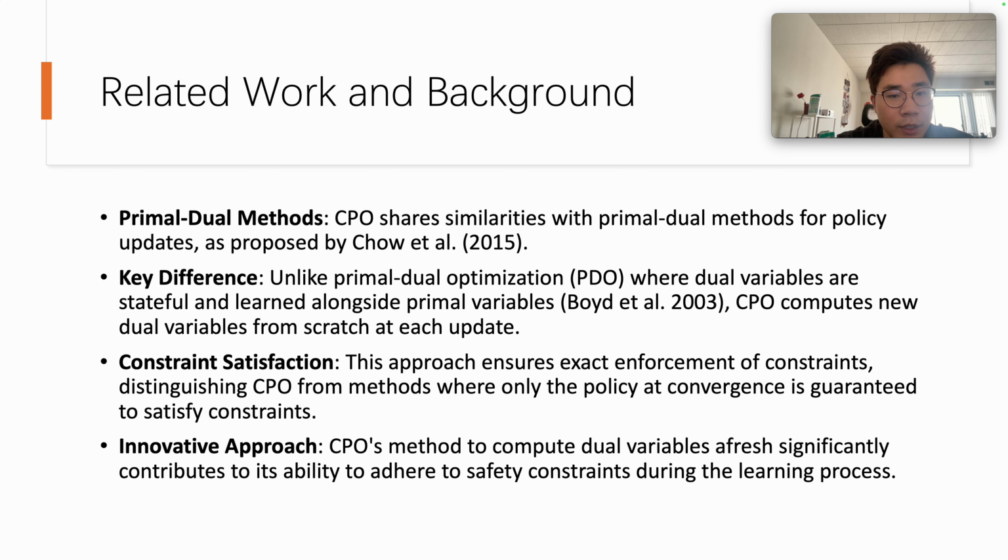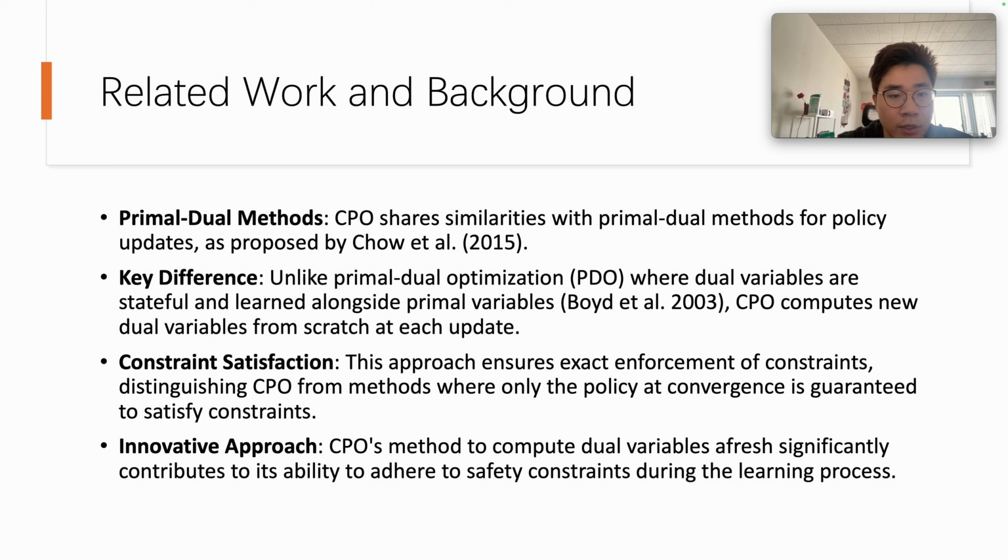The difference is that, unlike primal-dual optimization, where the dual variables are stateful and learned alongside primal variables, CPO computes new dual variables from scratch at each update. It also differs in constraint satisfaction: this approach ensures exact enforcement of constraints, distinguishing CPO from methods where only the policy at convergence is guaranteed to satisfy the constraints.